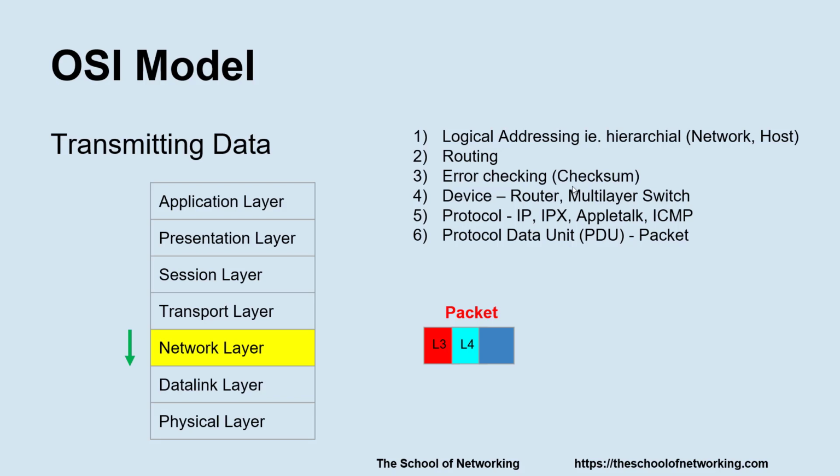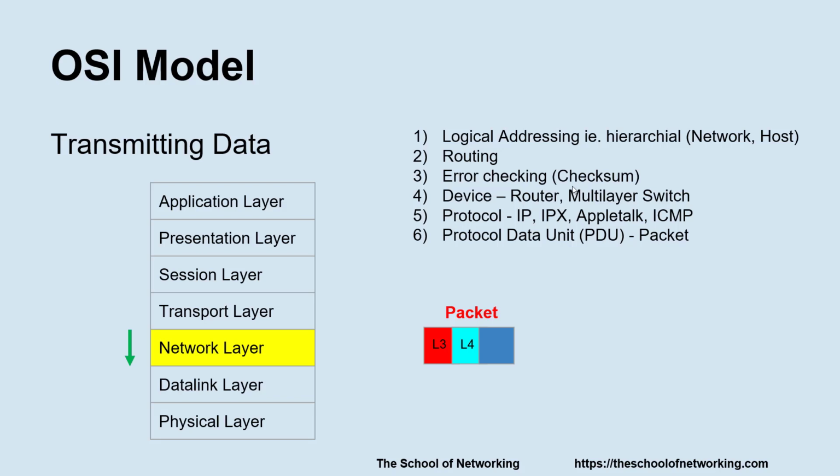The devices used at this layer include desktops, routers, and multi-layer switches, on which we can assign IP addresses. The protocols we come across are IPv4, IPv6, ICMP, and in olden times we had IPX and AppleTalk as well.